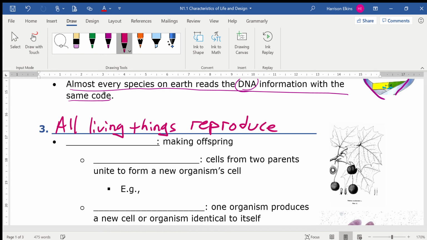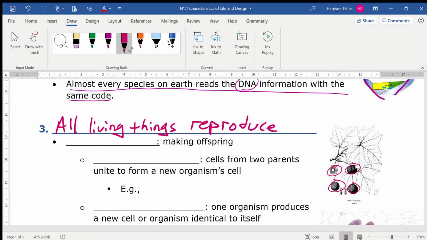Okay, so here I have a picture of some seeds that are on a sycamore tree, I believe, a Platanus occidentalis tree, right here. So this is the mechanism by which the tree reproduces itself. Its DNA information is being stored inside of this seed.